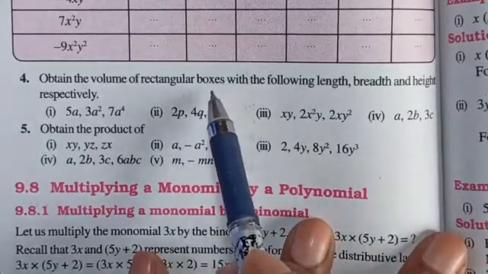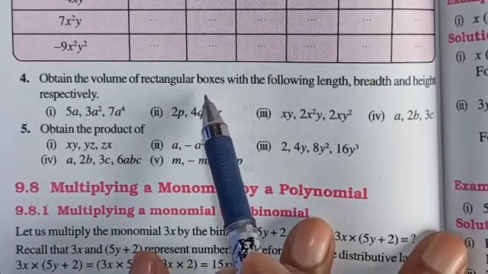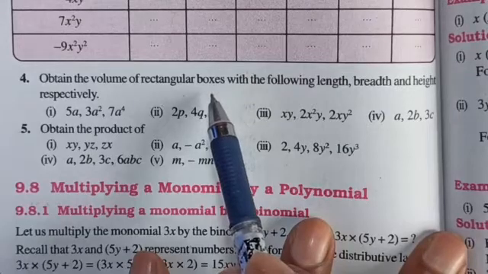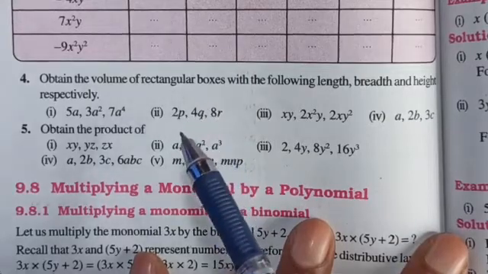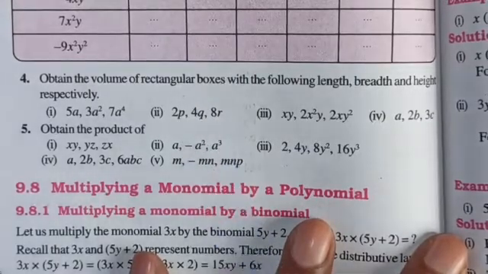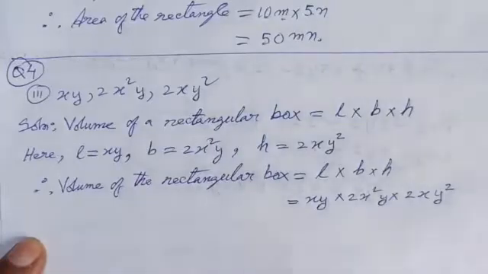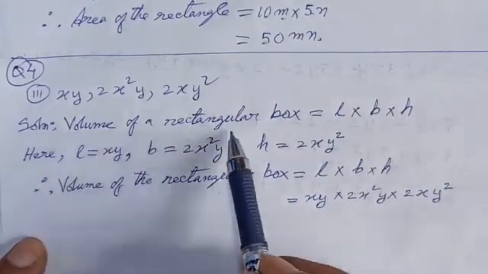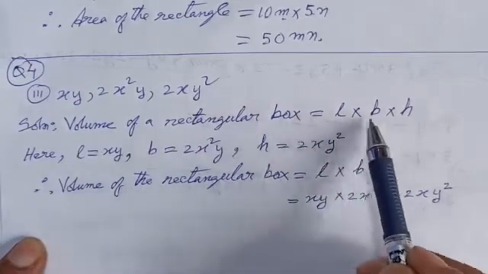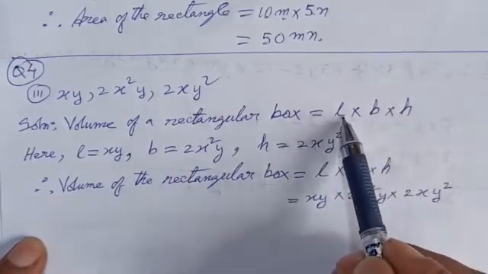So for this we have to apply the formula to find out the volume of a rectangular box. The formula is length into breadth into height. So now question number 4, Roman number 3 solution. Volume of a rectangular box, its formula is length into breadth into height. L is length, B is breadth, H is height.